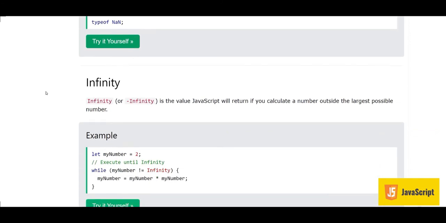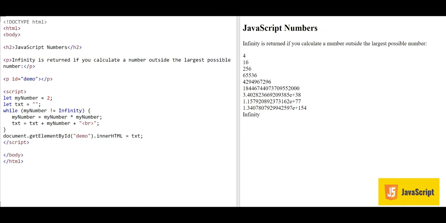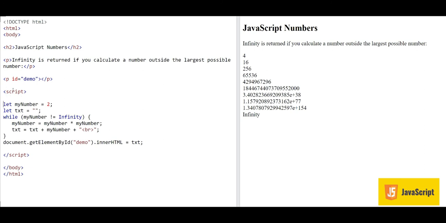The next concept which we're going to study is Infinity. Infinity or negative Infinity is the value JavaScript will return if you calculate a number outside the largest possible number in JavaScript. For example, here is an interesting example. We have a script, and let myNumber equal 2 and let text equal a string.